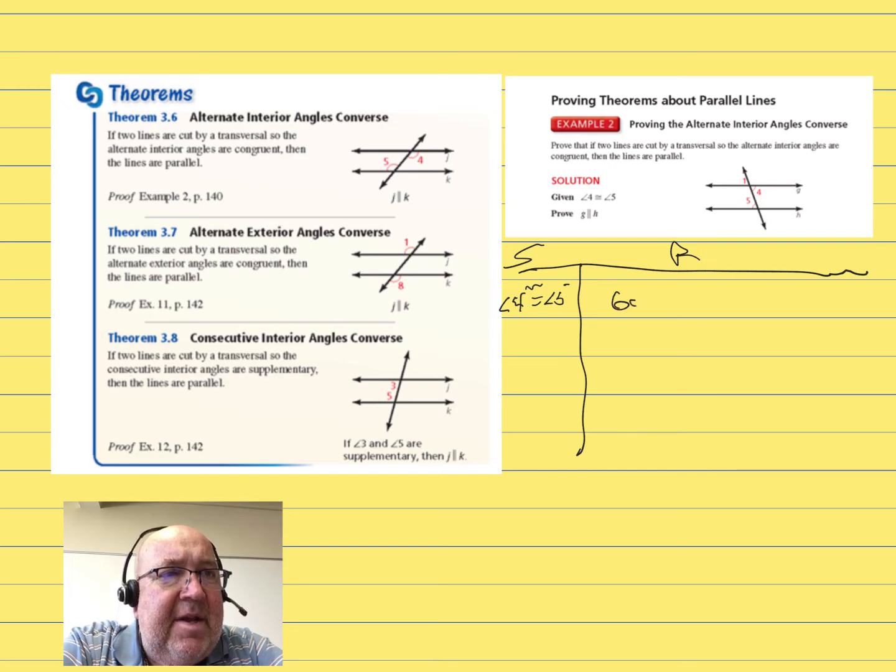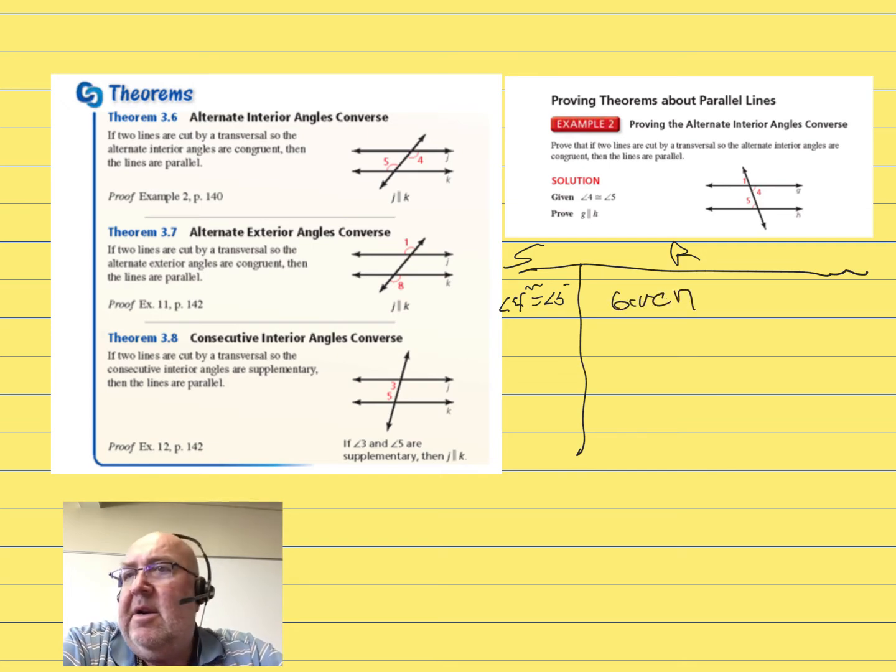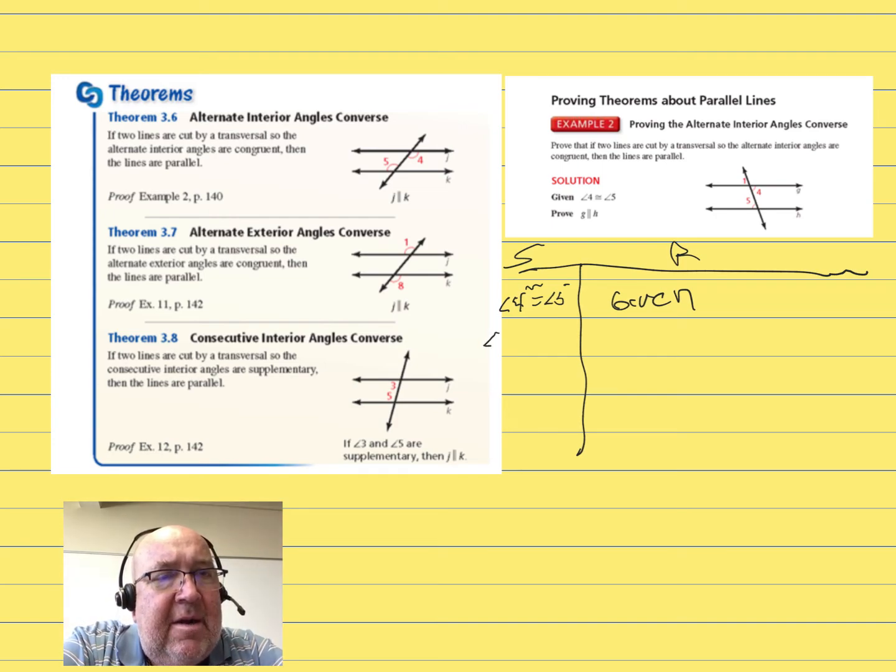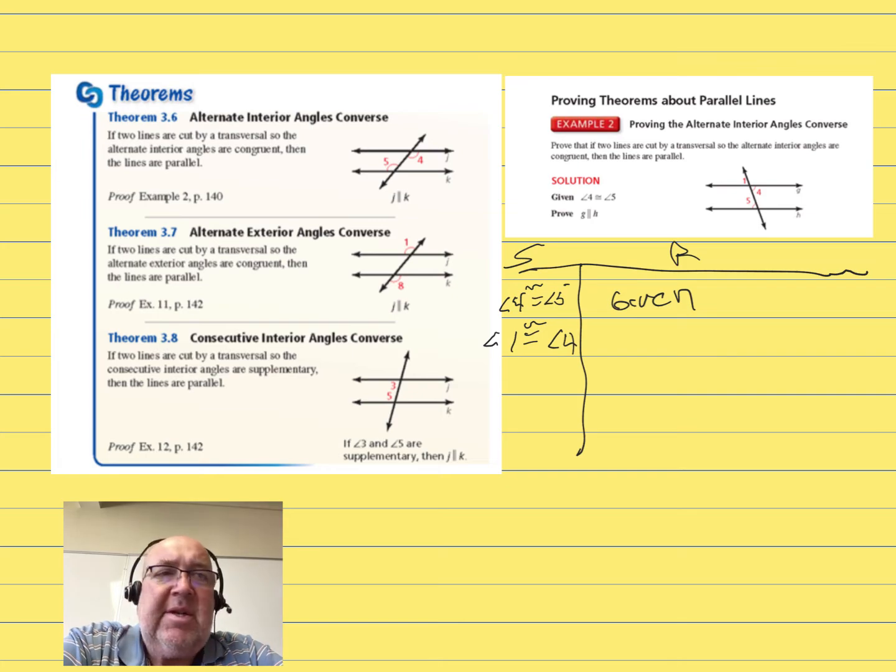That was given. From that, we know that angle 1 is congruent to angle 4. How do we know that? They are vertical angles.